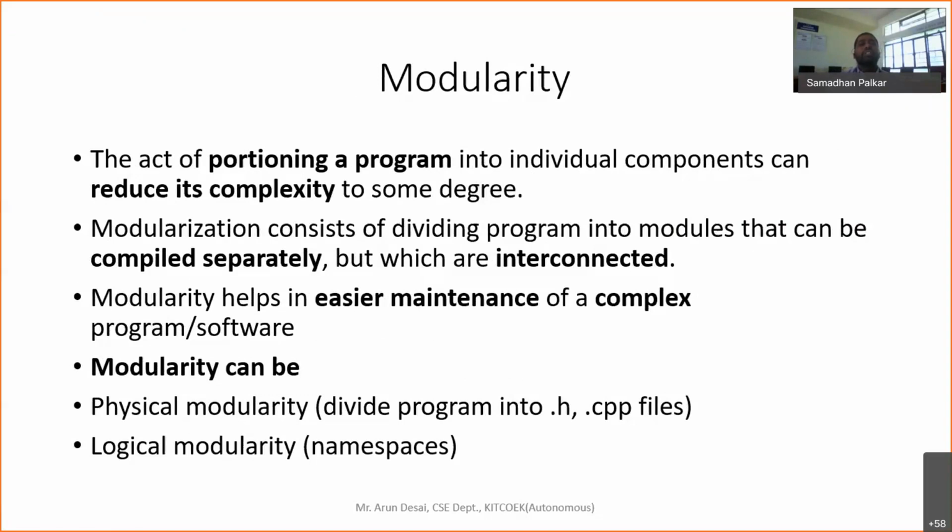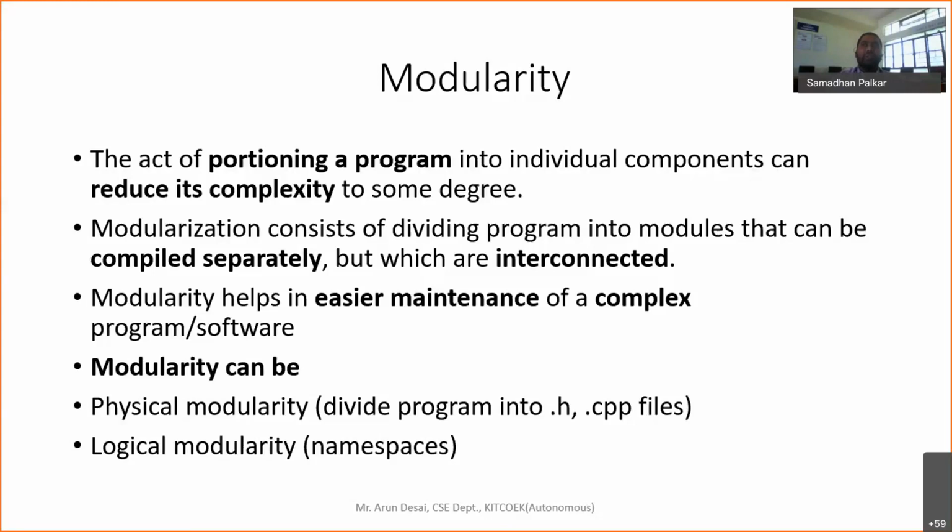Just to reduce its complexity, right? To reduce the complexity of software, or a complex program, we divide that program and reduce that complexity. We decompose that software or program separately, and that is simply called modularity.